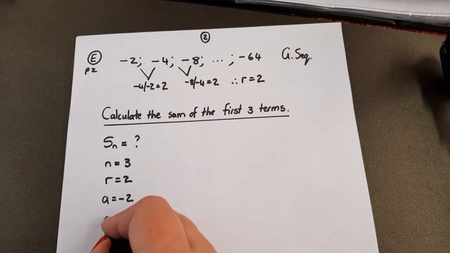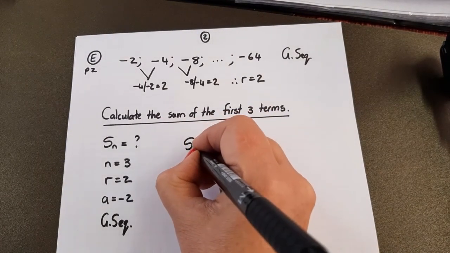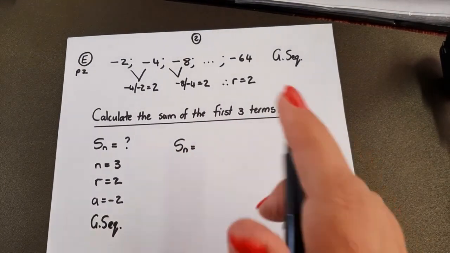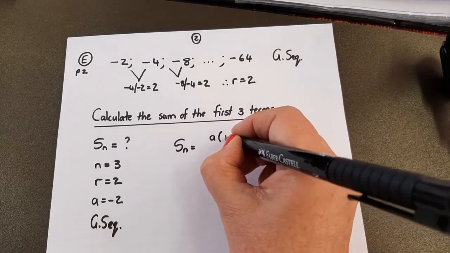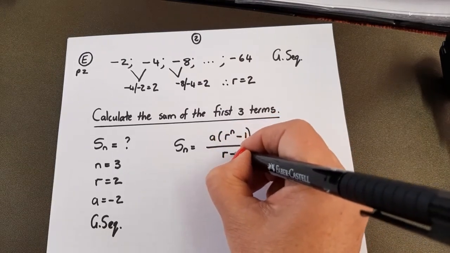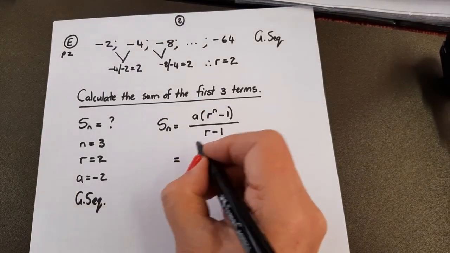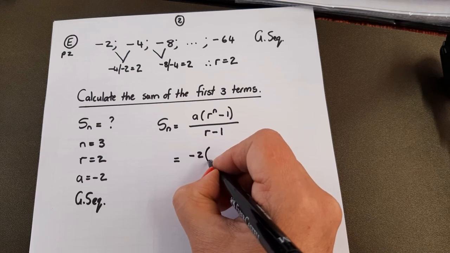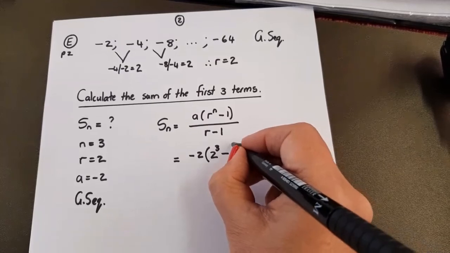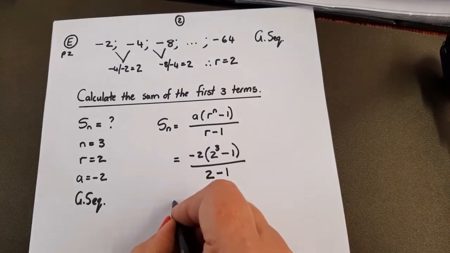We know it's a geometrical series or sequence, so we can use the sum formula for the geometrical series and sequences. And that is a times r to the power of n minus 1 over r minus 1. And now we can just substitute all the values. a is minus 2, r is 2, n is 3, minus 1, over r is 2 minus 1.